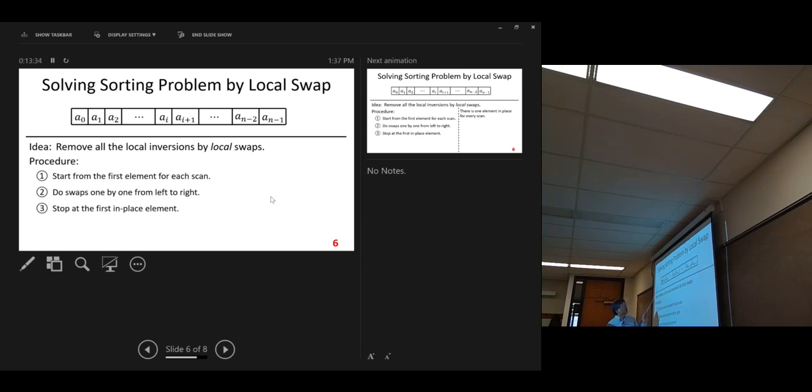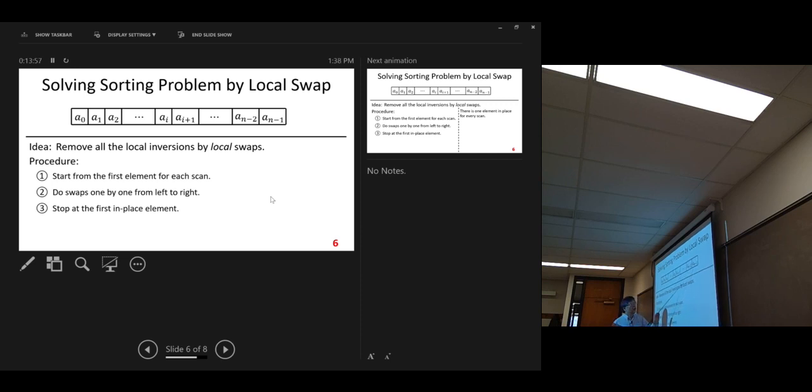Think about it: after you scan once, which element is at the end? It's the largest. The largest element will move to the end. Can we say that element is in place? Yes, it is in place.